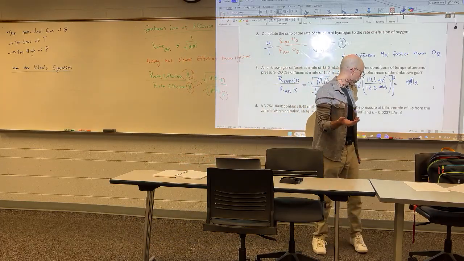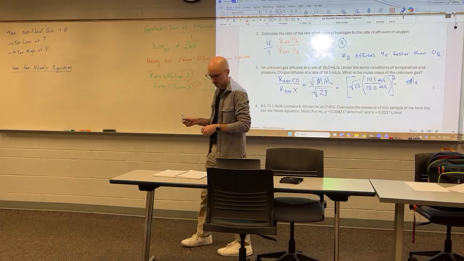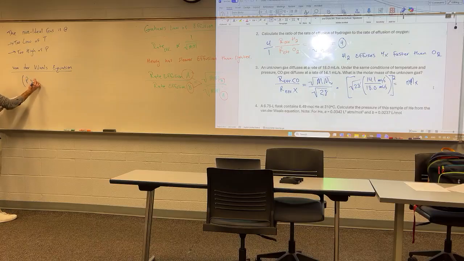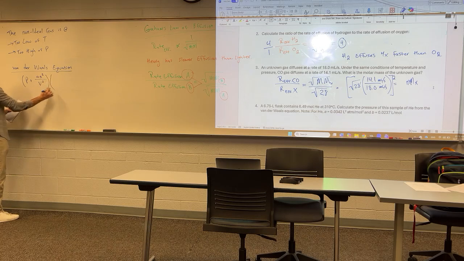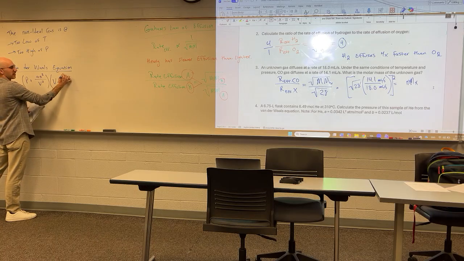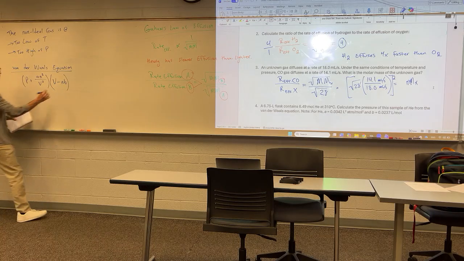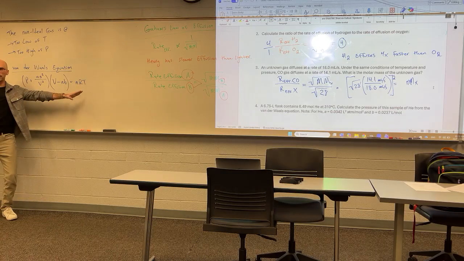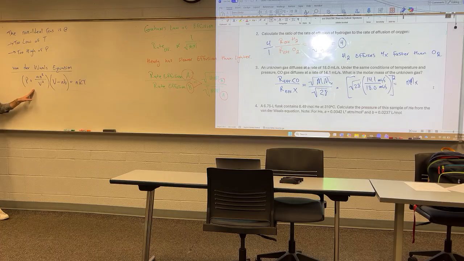Instead of PV = nRT, we now have an equation that says the pressure plus this constant a times the number of moles squared over the volume squared, multiplied by the volume minus the number of moles times this constant b, is equal to nRT. It's no longer PV = nRT, it's pressure plus this factor times the volume minus this factor equals nRT.